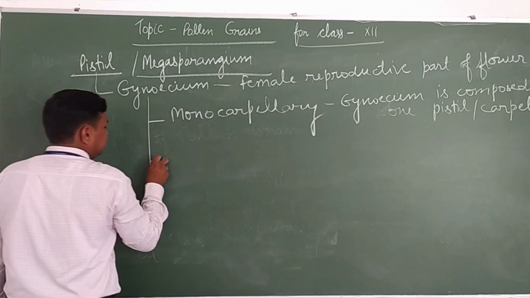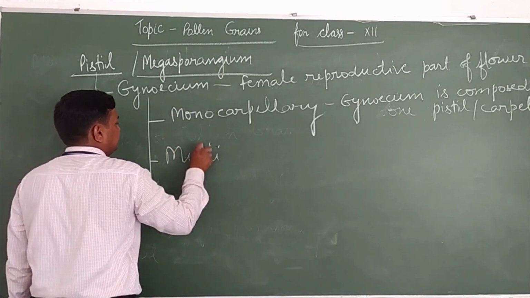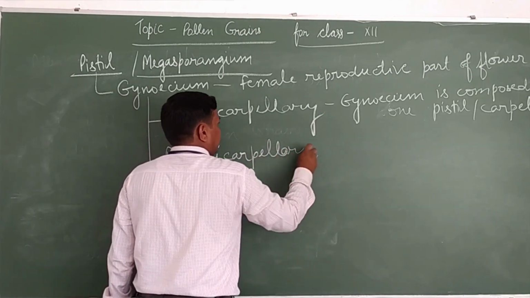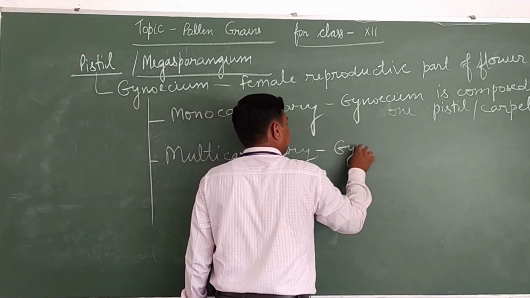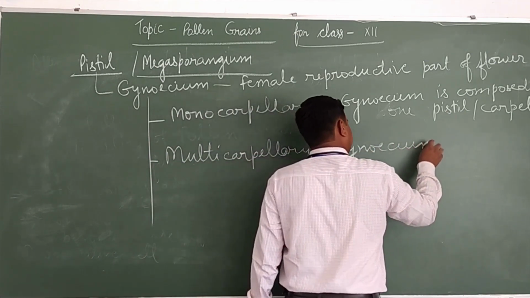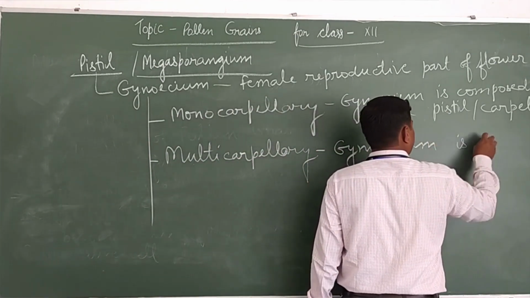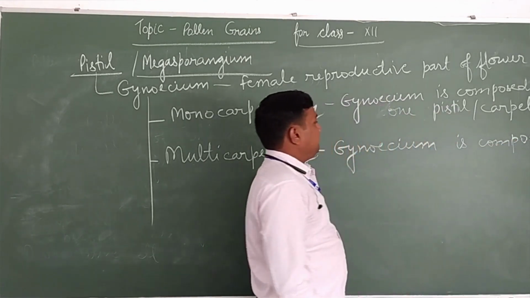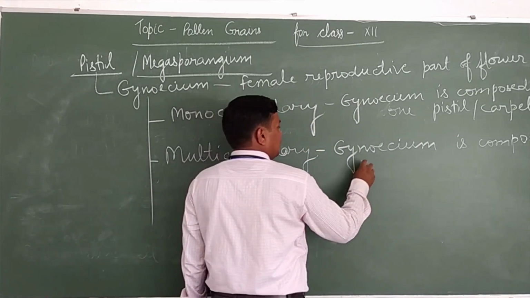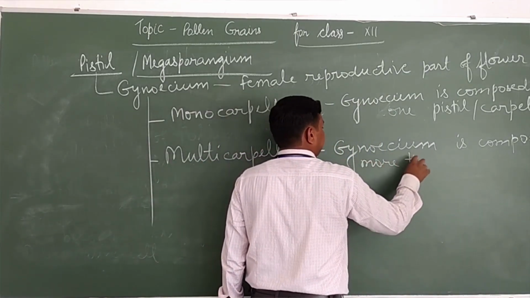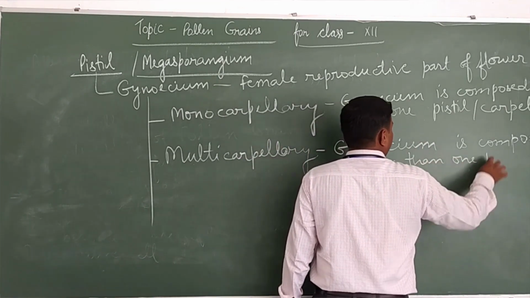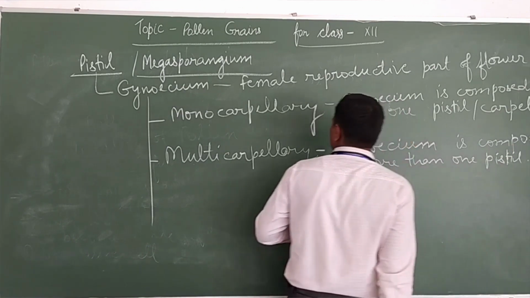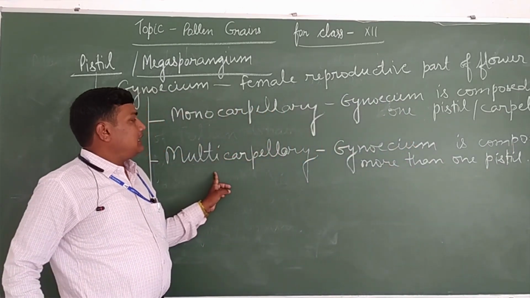Second is the multicarpellary. Multicarpellary means the gynecium, the female reproductive part, is composed of more than one pistil. Have you understood the difference between monocarpellary and multicarpellary?